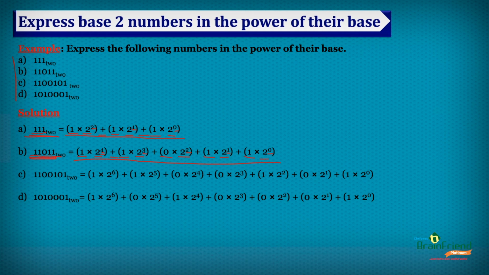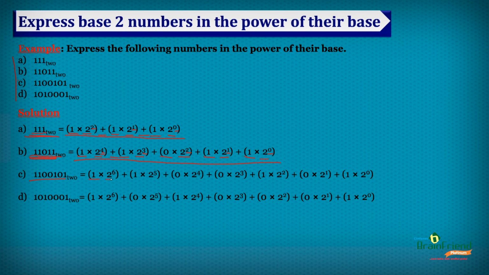Now, example 3, we have 1100101 base 2. So as usual, we go ahead bringing out each of our digits, multiplying them by 2, and adding all of them together.